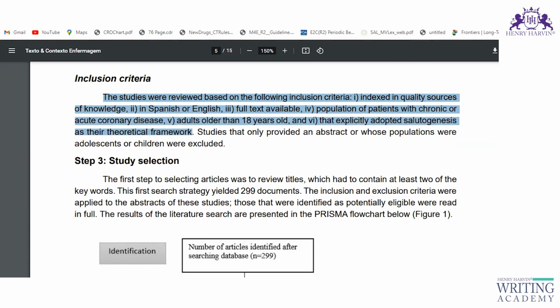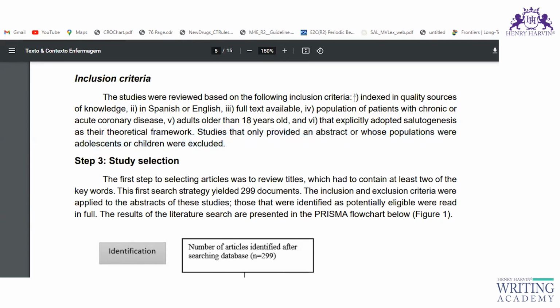And if there is something specific which you do not want in your studies, like here the author has explained that any study in which the population is adolescent or children, because this study is based on the adult population only, this is the exclusion criteria. The studies have to fulfill the inclusion criteria to be selected, and any study which meets the exclusion criteria will be rejected or excluded.